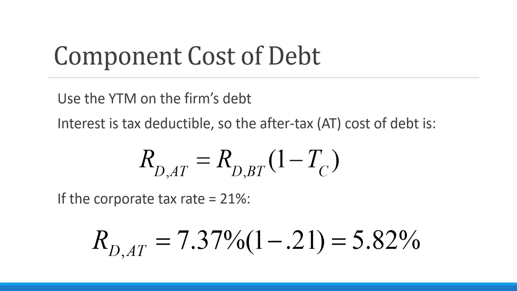So if our corporate tax rate is 21%, we would have a cost of debt of 7.37% times 1 minus 0.21, which is our tax rate, giving us a required return on debt, after tax, that's what the AT stands for, of 5.82%.